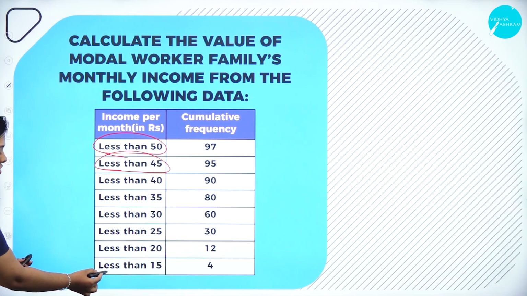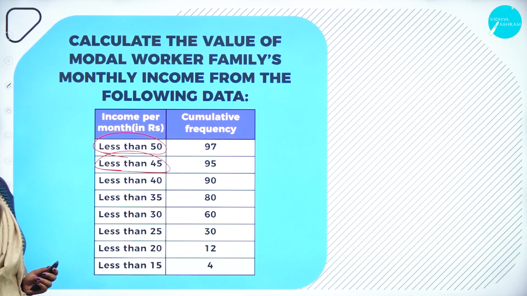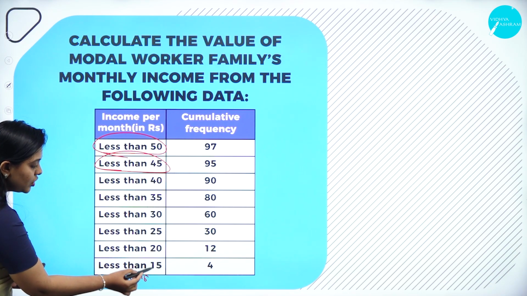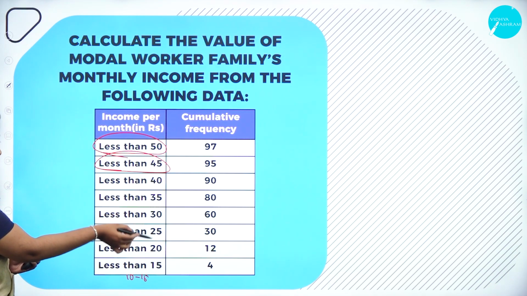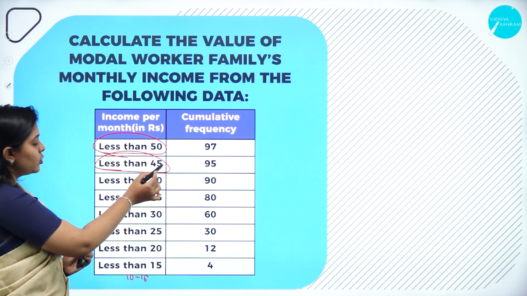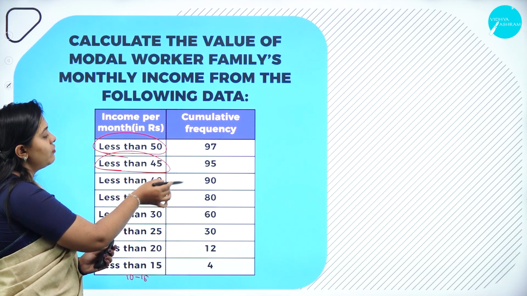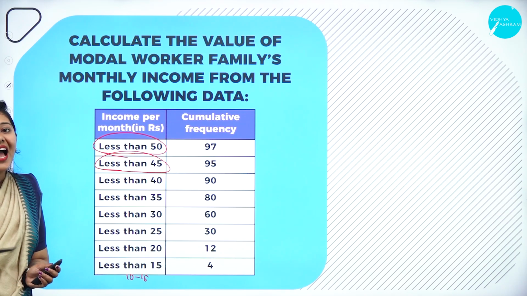It starts from less than 15, so the difference between each class is 5. So 10 to 15, 15 to 20, 20 to 25, 25 to 30, 30 to 35, 35 to 40, 40 to 45, 45 to 50. This is how the data has to be arranged.